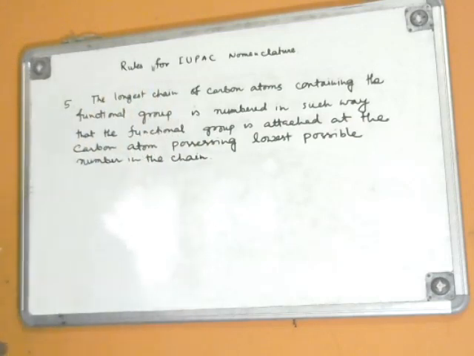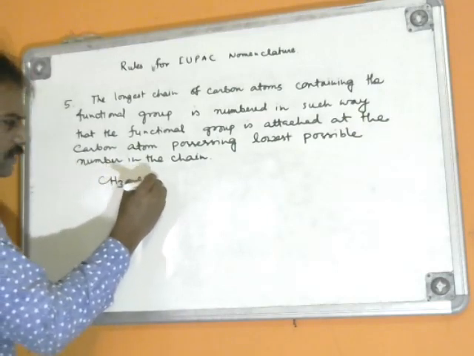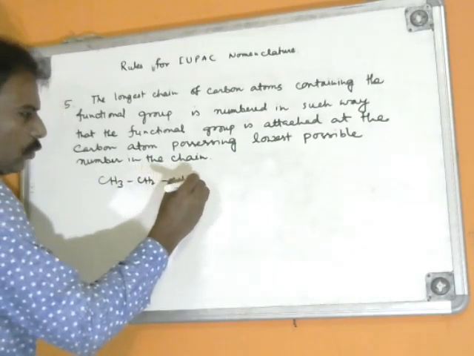So that means I am telling about the functional group. The longest chain of the carbon atoms containing the functional group is numbered in such a way that the functional group is attached at the carbon atom possessing the lowest possible number in the chain. So I am taking an example to illustrate this. CH3, CH2, CH2, OH.